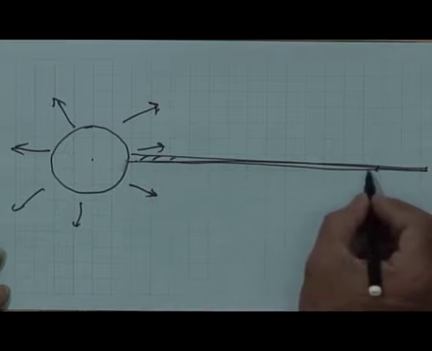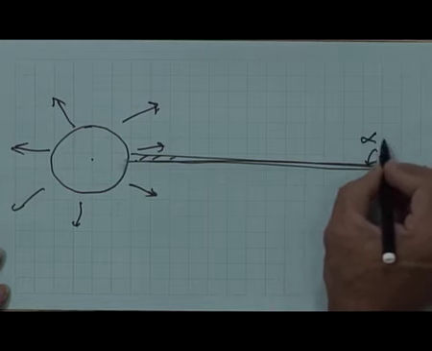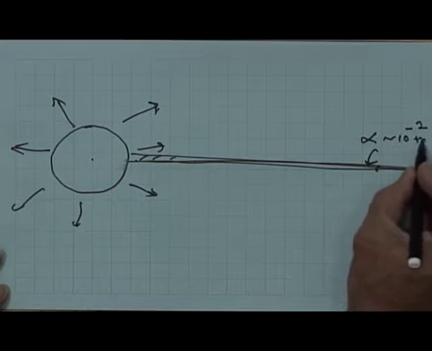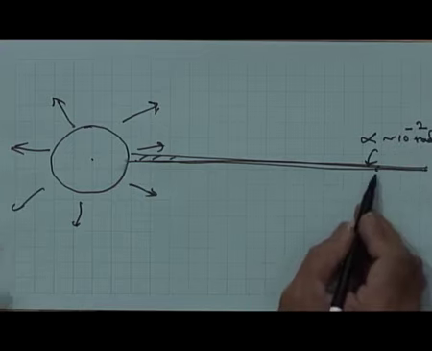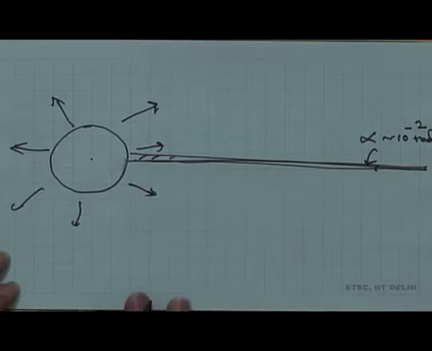The fractional light entering this cone of angle alpha, which is of the order of 10 power minus 2 radian, is very small. A very small fraction of it enters this eye.